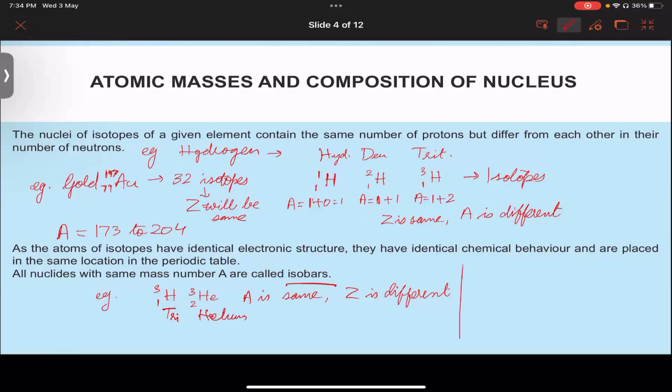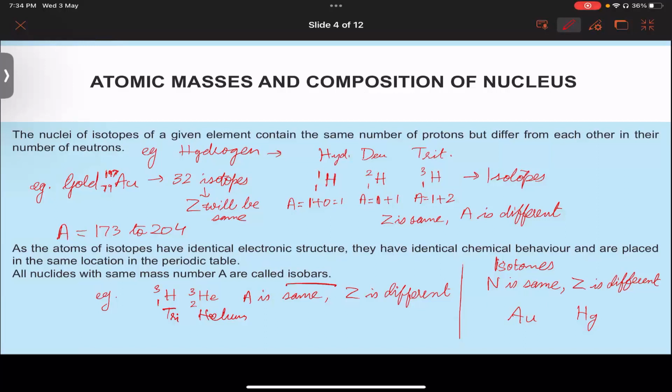Then you have another type of elemental category, that is isotones. What are isotones? Their N is the same, so the number of neutrons is the same, but Z is different. Examples of them are Au and Hg. Hg, I think, sorry, is mercury.